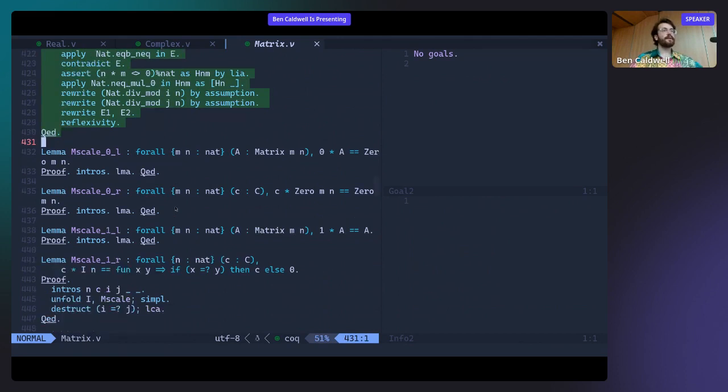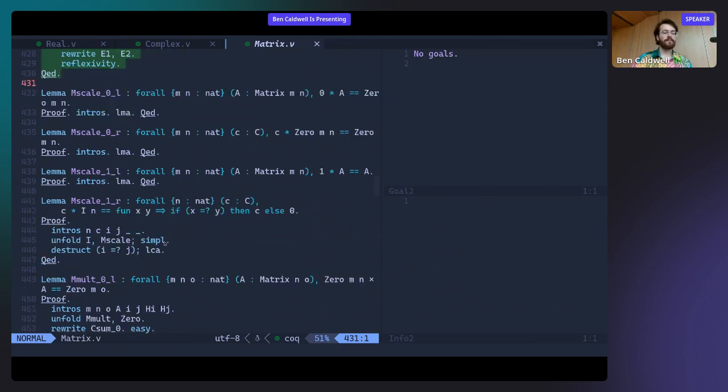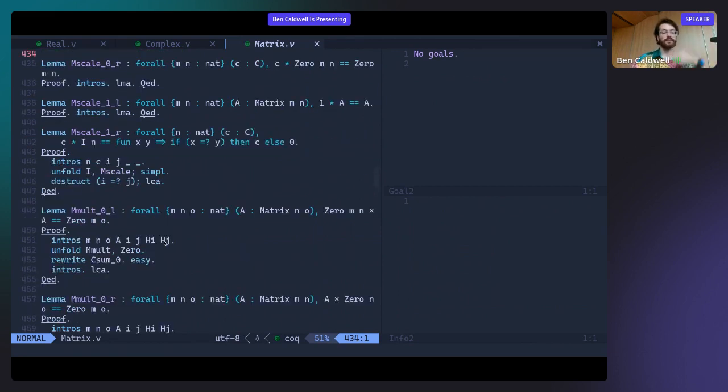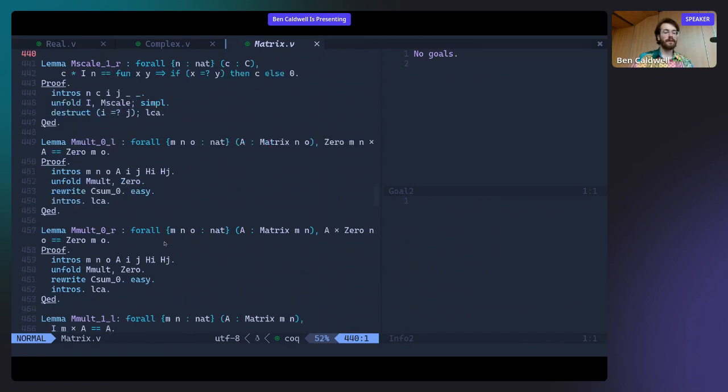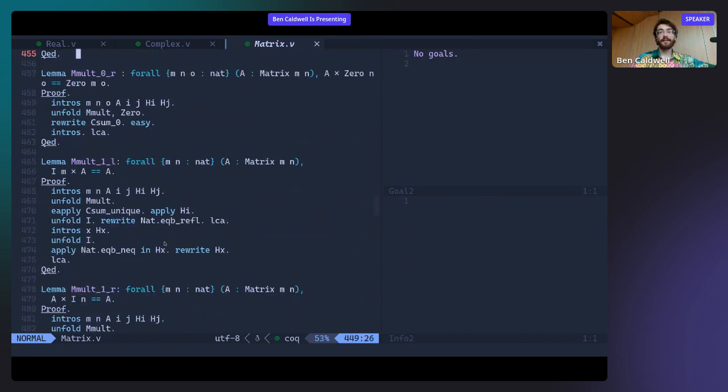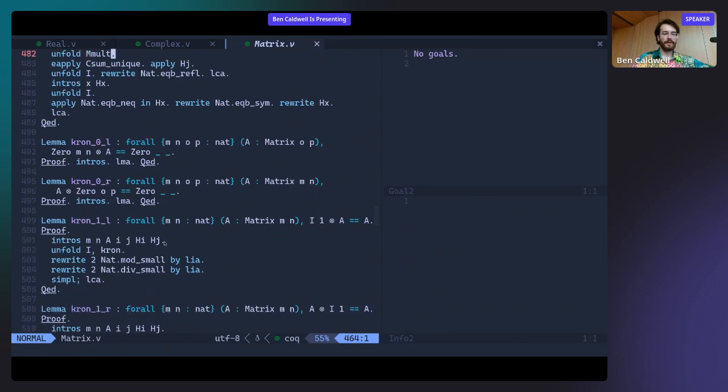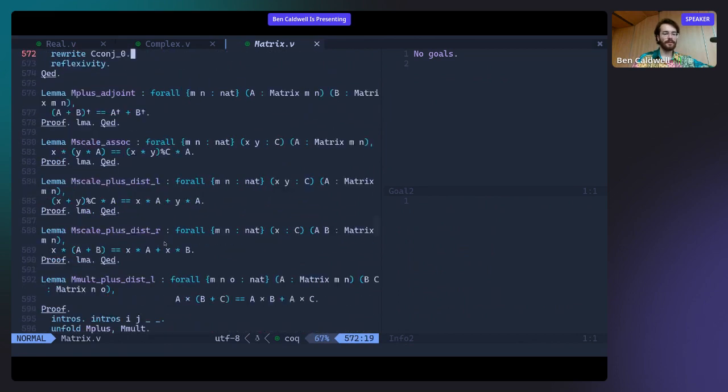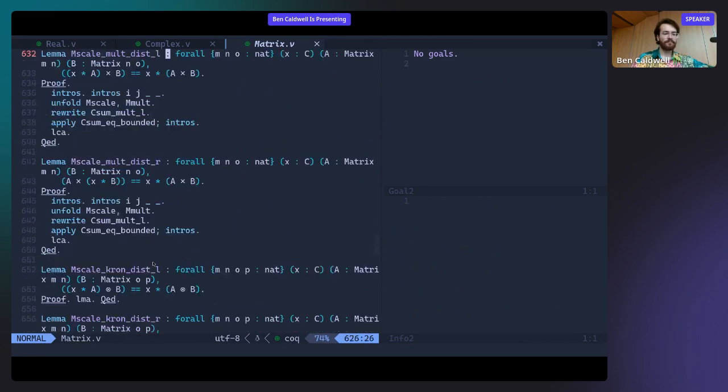Scaling, all the normal algebraic things, right? Like, if you scale by 0, it becomes 0. If you scale by a 1, it stays the same. Multiply by a 0, it becomes a 0. Multiply by an identity, stays the same. All the normal things you would expect to have and would certainly want in a matrix library.